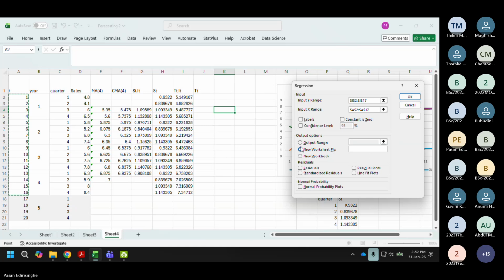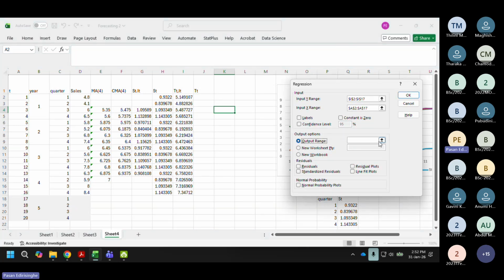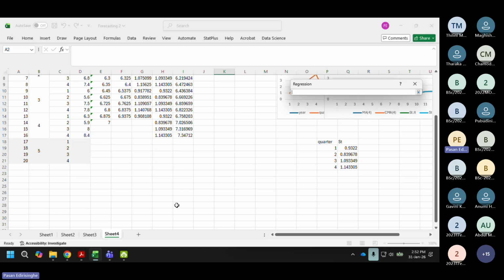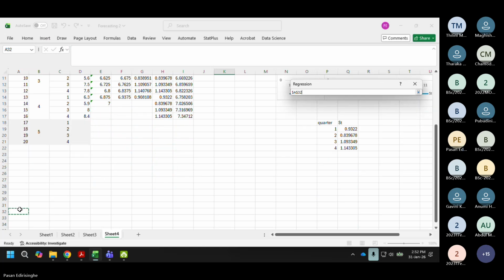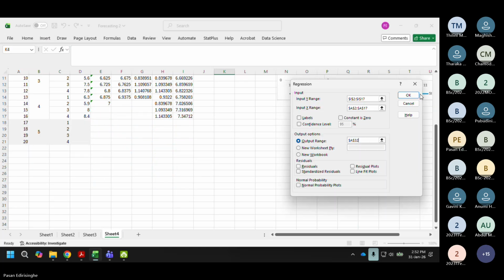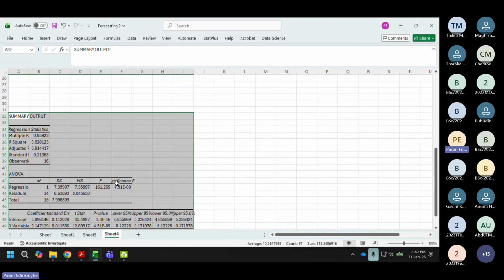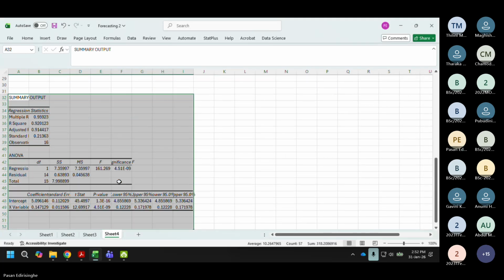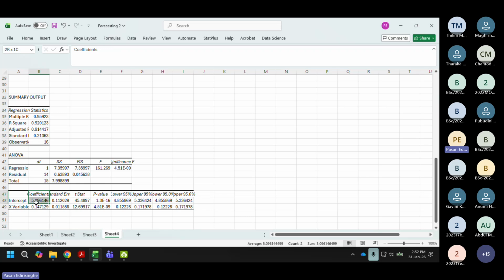I will say that the output trend is somewhere here. And I don't need any of these, right? So I just want the beta naught and beta 1. So once you do that, it's going to provide me the coefficients, beta naught and beta 1.